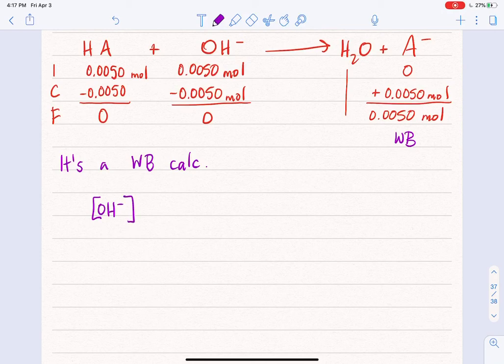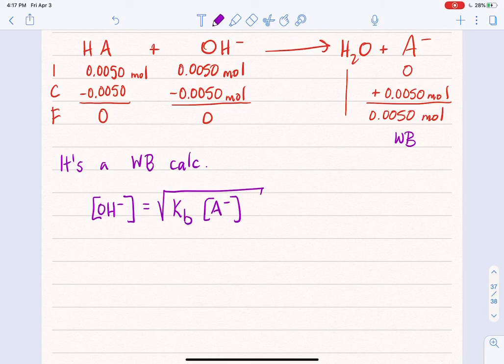If we write a base hydrolysis reaction and do an ICE chart and everything, you're going to find that the hydroxide concentration is going to be equal to the square root of the Kb times the initial concentration of the weak base, or the benzoate.